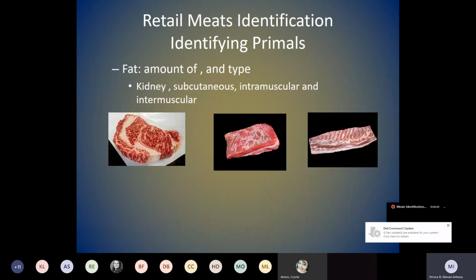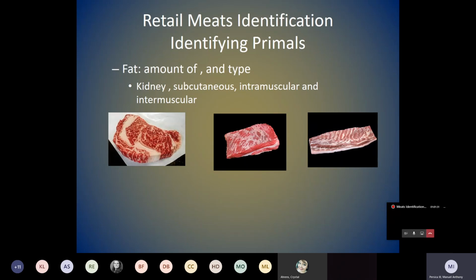So the fat amount: when you see lots of marbling in a product, more in a beef product, obviously it could be a pork product as well and a lamb product, but most of the time a lot of marbling is going to be in a beef product. It's coming from a cut that's mid-body and forward. Animals put on fat front to back, top to bottom, and they don't have a terrible amount of marbling in the round cuts.